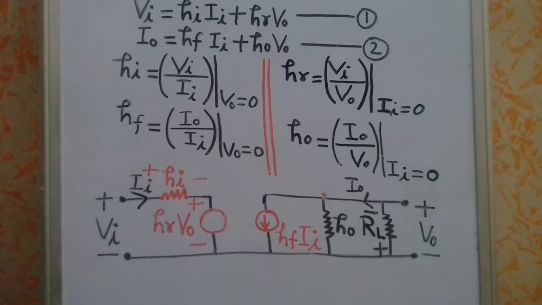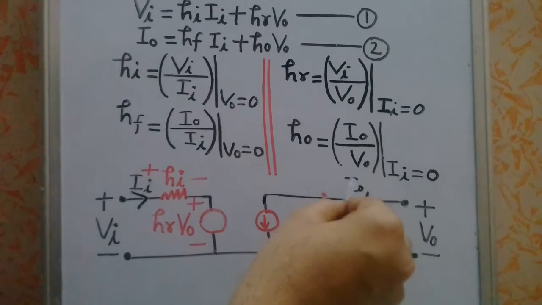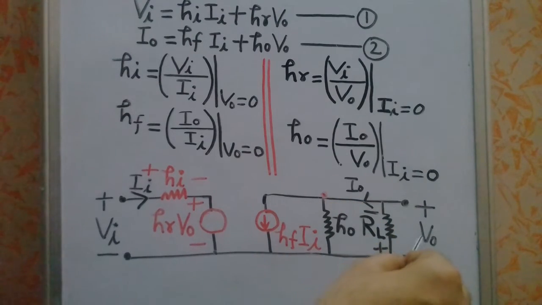So when you apply Kirchhoff's current law at this particular node, what will you get? Tell me what you will get here. You will get output current IO is equal to HO into VO plus this current HF into II, right?